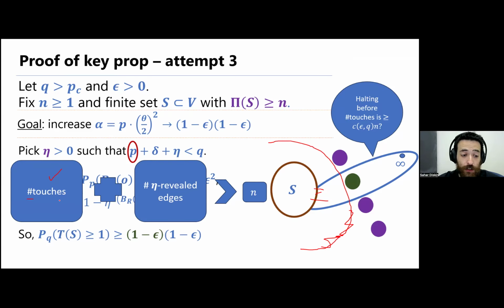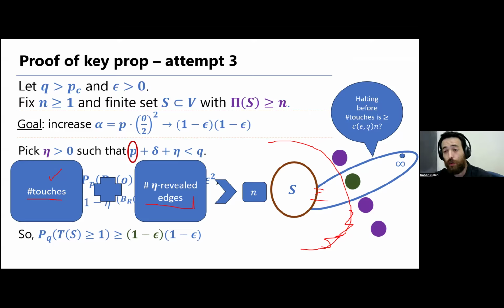But if this is not the dominant term, then it means that the eta revealed edges, that is the things I have here in these balls, they are the ones that stop this process. But at every round, every iteration of this game, I'm not throwing away too many strings.